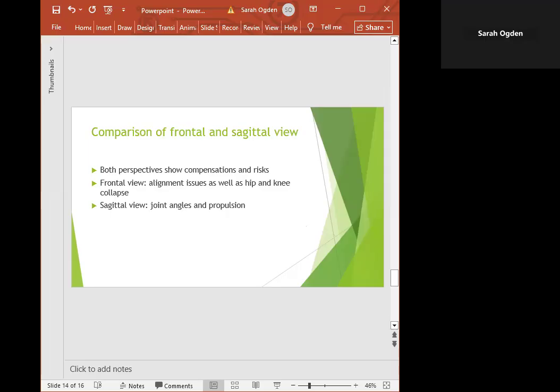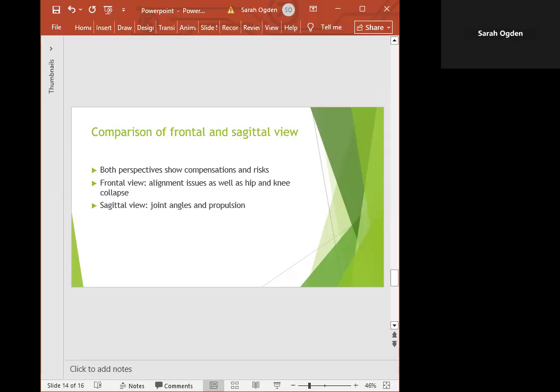The sagittal view shows us the joint angles and power production, just like I said with the triple extension during the takeoff with the hip, knee, and ankles, whereas the frontal view highlights the alignment issues, like the valgus or hip instability. So if you have the frontal view, you can see if your knees are aligned. You can see if one person is really favoring one side, not the other.